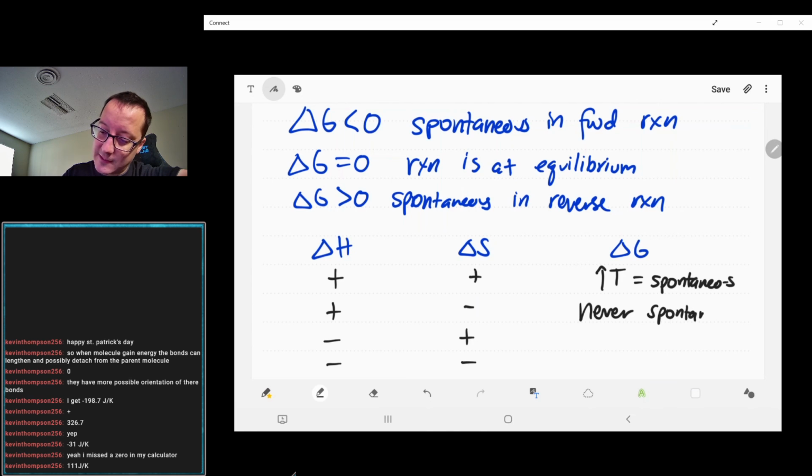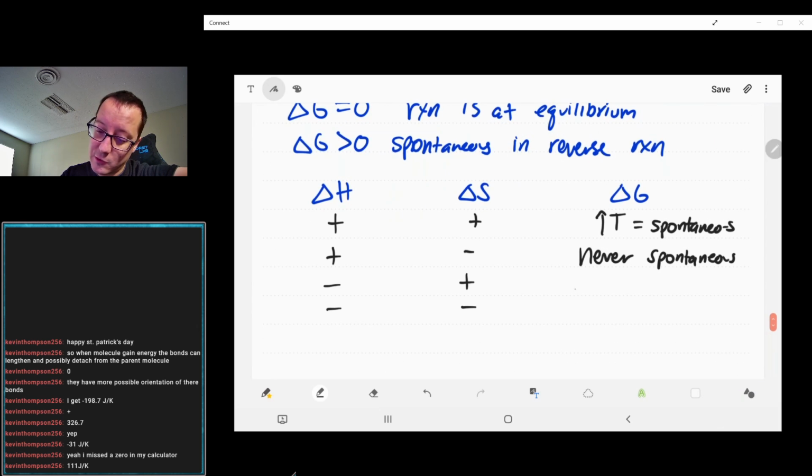We see that if it's the opposite, if we have an endothermic reaction that is entropically unfavorable, it's never going to happen in that direction. If we have an exothermic reaction, it is always spontaneous if delta S is positive.